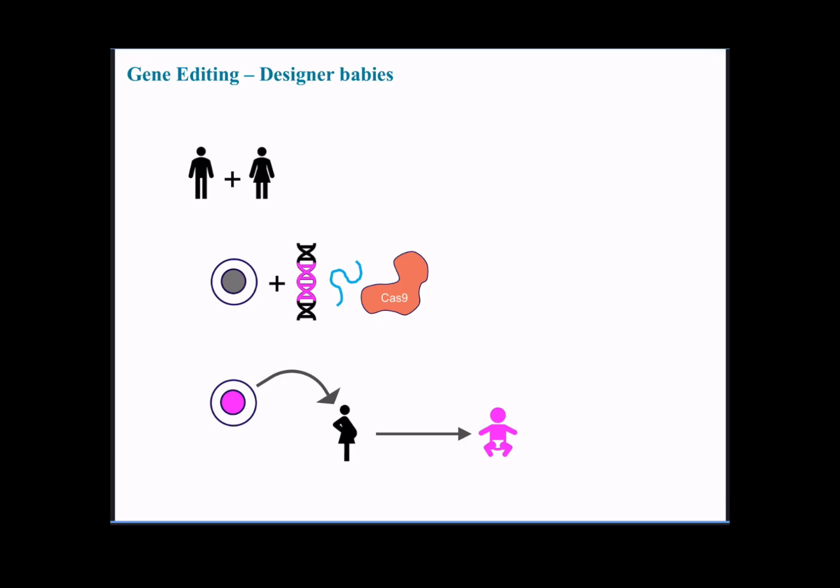The idea goes, when there is, for instance, a couple where either parent or both are carriers of certain genetic conditions, and they don't want to risk having children that suffer that condition, what you could, in principle, do is let the zygote develop to the point that you can edit it genetically, fix whatever the problem is, and then let that embryo develop to term, and you fix a genetic problem associated with a disease.